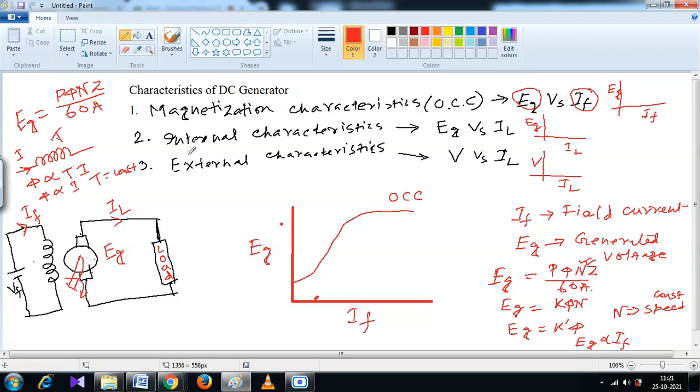Then we move to the internal characteristics. What are internal characteristics?